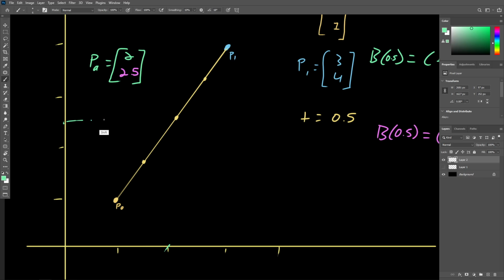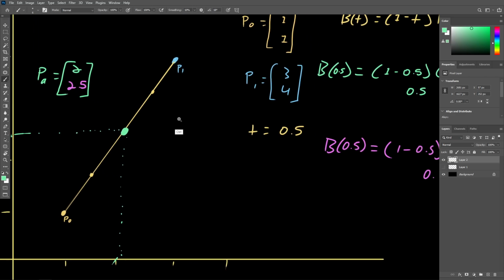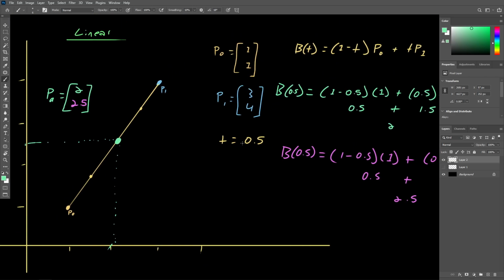My drawing isn't absolutely perfect, but it is close enough. We can see that the visual intuition does work, and that by solving the equation for t equals 0.5, the resulting point P alpha sits exactly halfway along this curve.